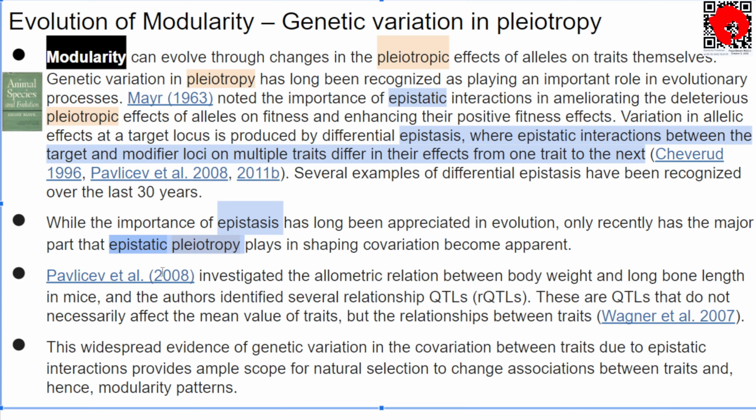So Pavlicek, 2008, investigated the allometric relationship between body weight and long bone length in mice, and the authors identified several relationship QTLs, RQTLs. These are QTLs that do not necessarily affect the mean value of traits, but the relationships between traits.